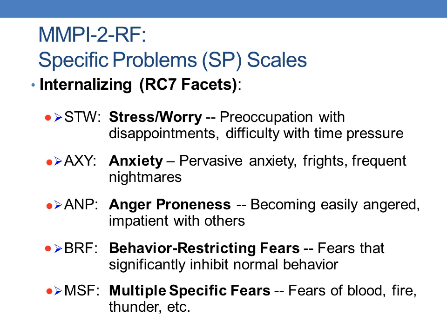Behavioral restricting fears is kind of like, because I have all these fears, it inhibits my normal behavior. So this is a scale that's going to be associated with things like agoraphobia. And then you have all of the collection of fears items on this scale called multiple specific fears. So fears of, the sight of blood frightens me, I think is one of the items, fear of fire, thunder, those sorts of things.